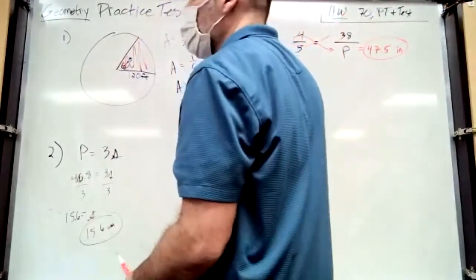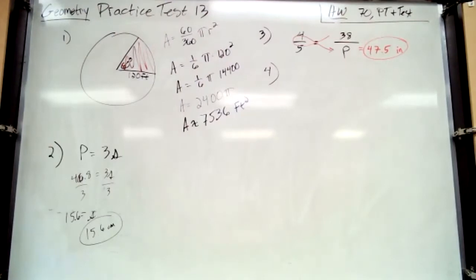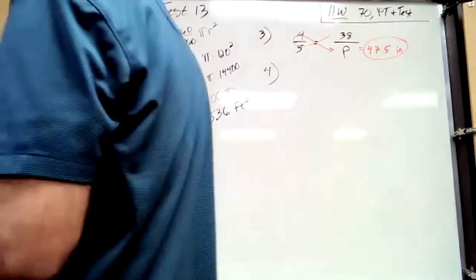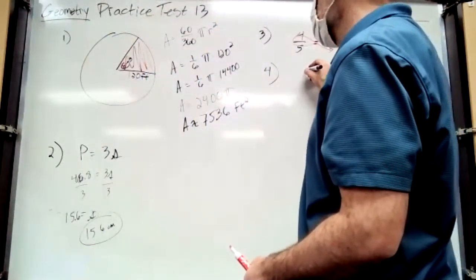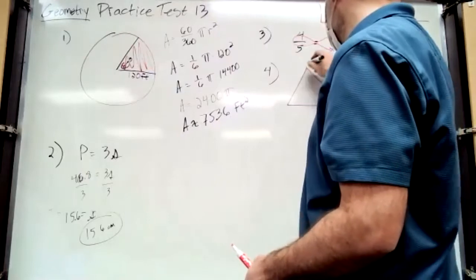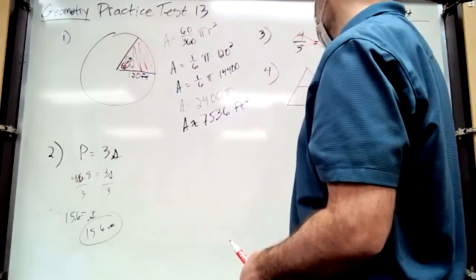Number 4, in the diagram below, ST is a midsegment. Find the values of A and B. Okay, so midsegment opens up a whole world of stuff here. The midsegment is halfway between, right?